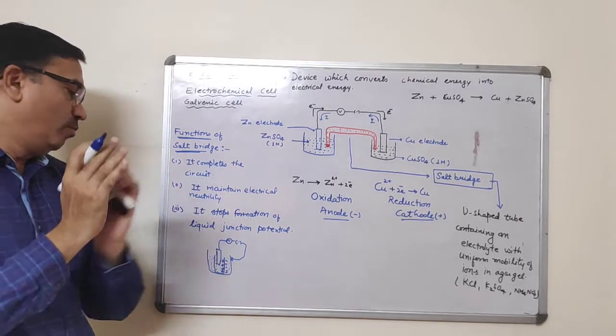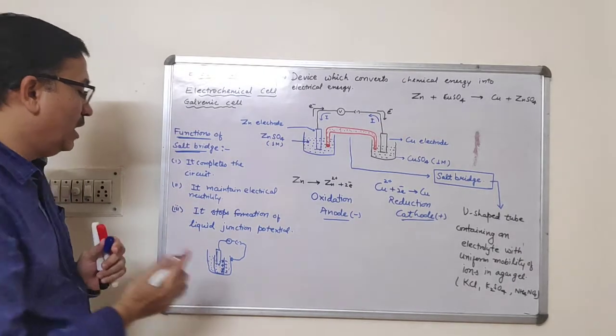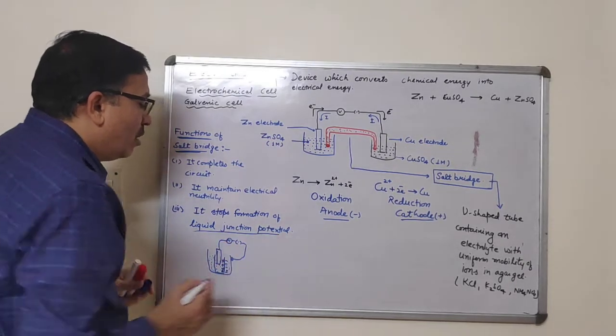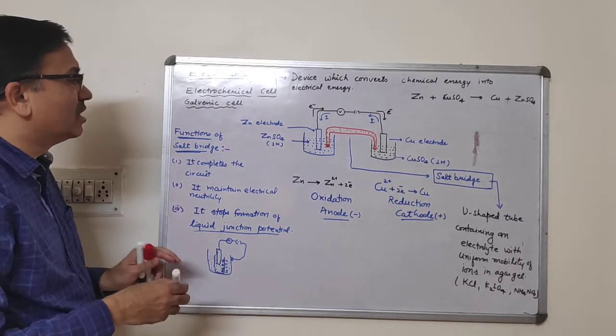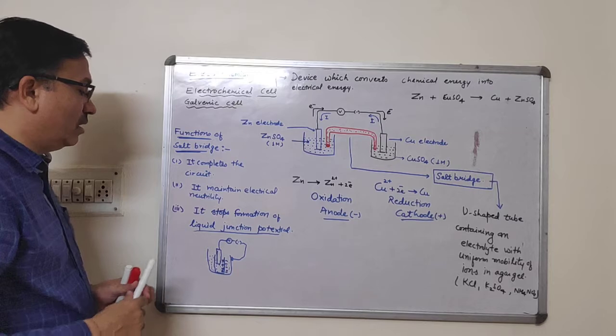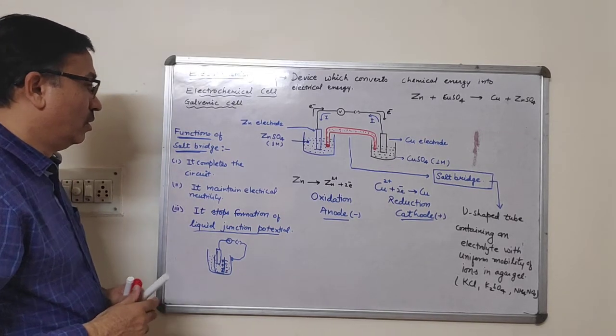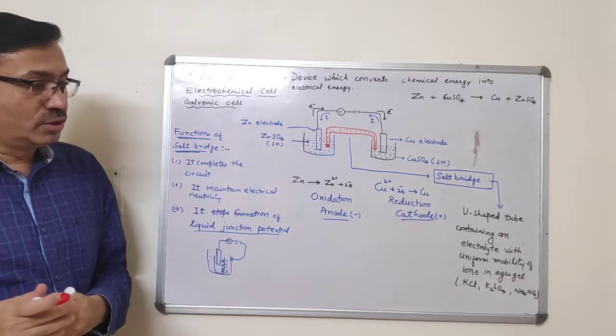What happens is they accumulate on the two sides, and they form an additional potential that is called liquid junction potential, and due to this liquid junction potential the efficiency of the cell is decreased. So to prevent formation of liquid junction potential, a salt bridge is used, right?